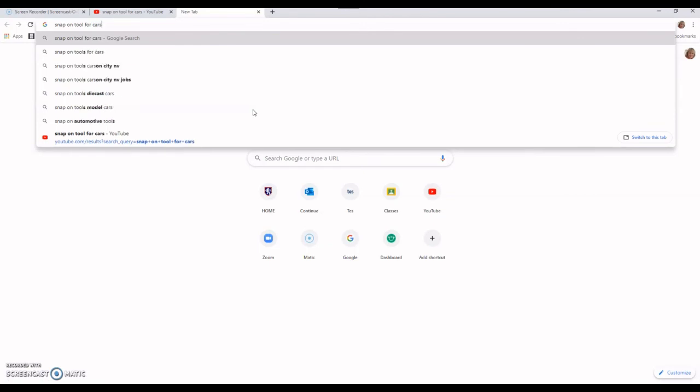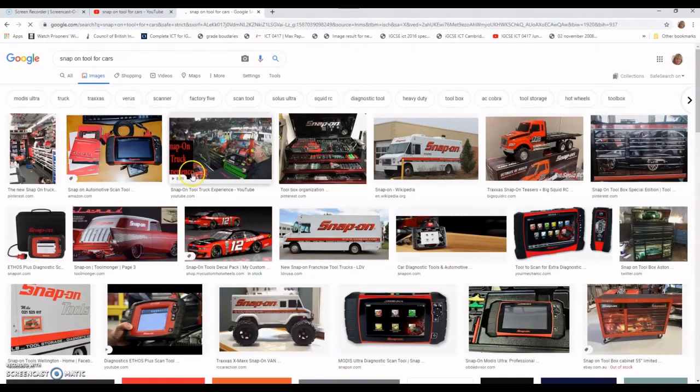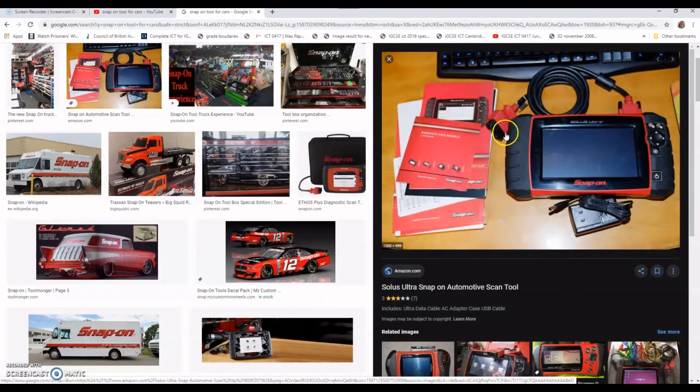I remember they took a look at my car when I was in England, and they could diagnose a fault with it. So this is the snap-on tool, and they plug it into the car, and it will come back with a fault code. Obviously this one is far more sophisticated than the one they used several years ago.